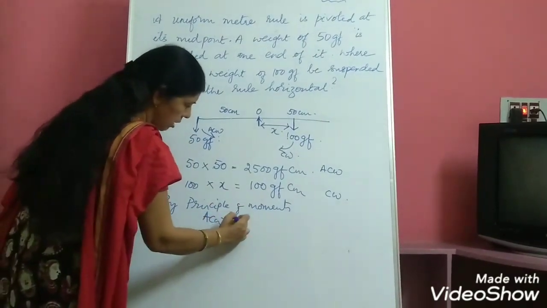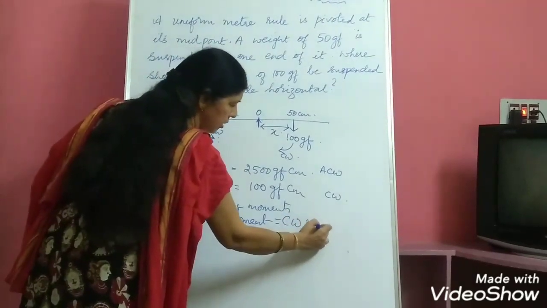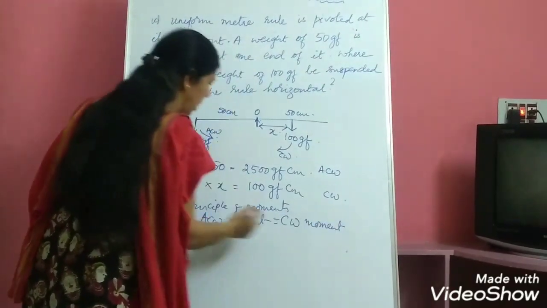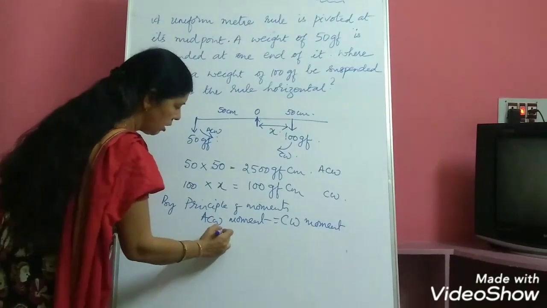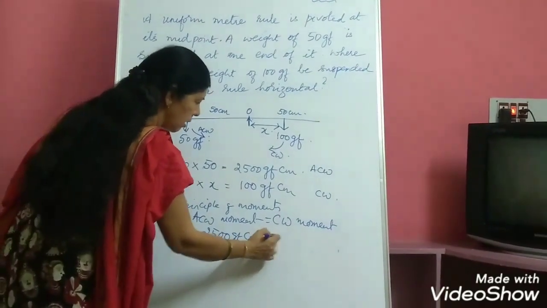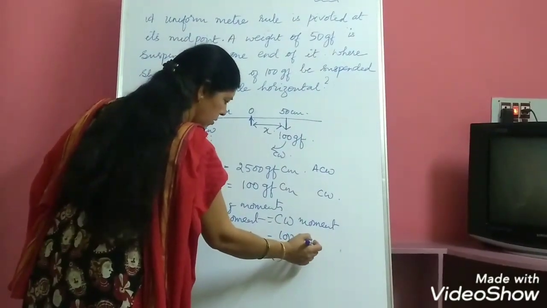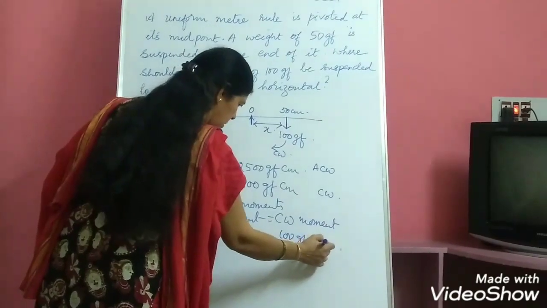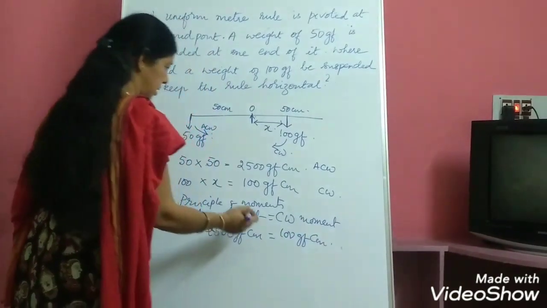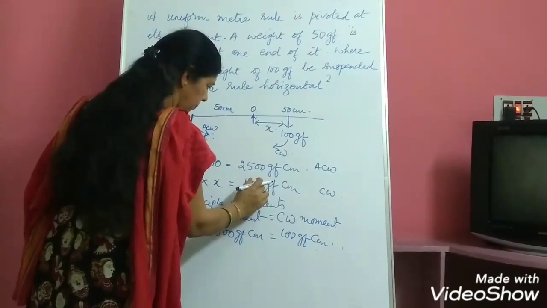Anti-clockwise moment must be equal to clockwise moment. So, what is the anti-clockwise moment we have calculated? 2500 gram force centimeter. This will be equal to 100 gram force centimeter, 100 into x, if I am correct.